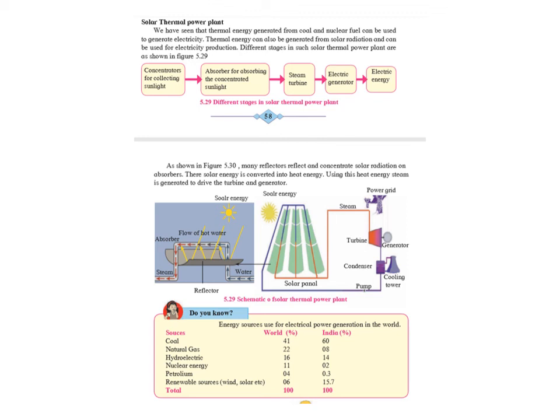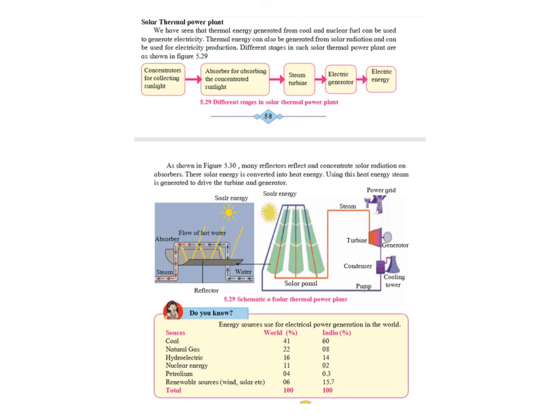Using this heat energy, steam is generated. This steam is used to drive the turbine, which in turn rotates the generator, and electrical energy is produced. The steam is converted back to water with the help of the condenser and the cooling tower. Once the steam is condensed back to water, it is recirculated back to the solar panel.